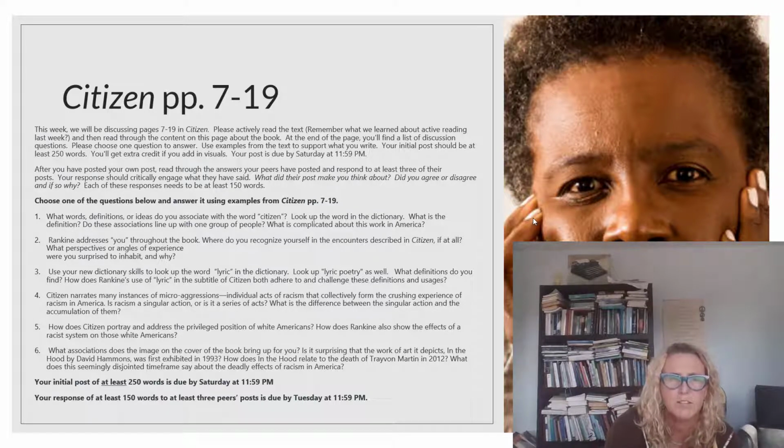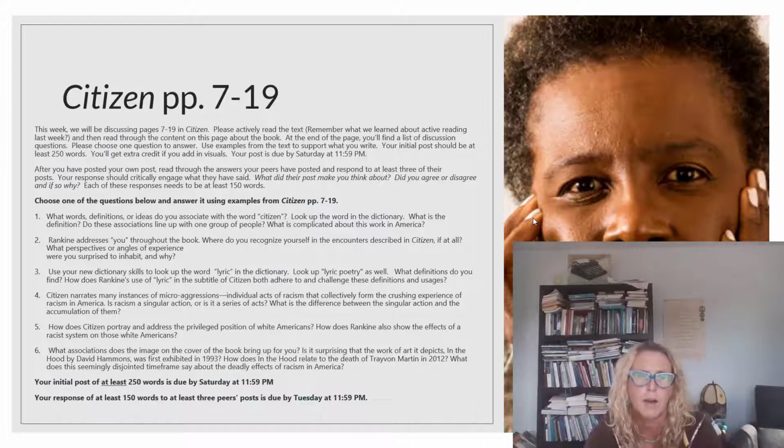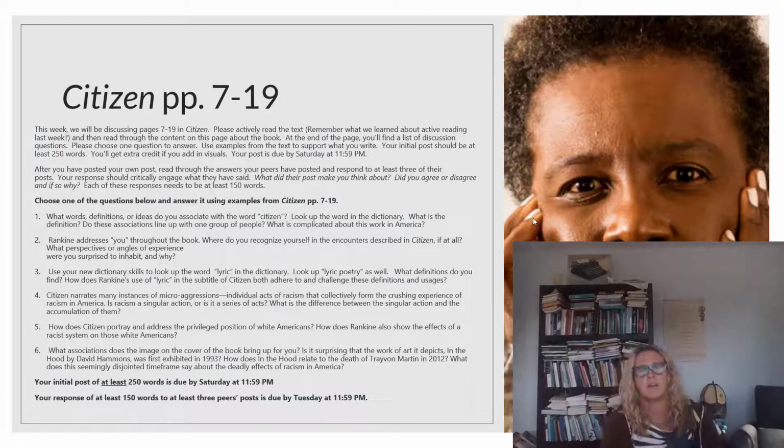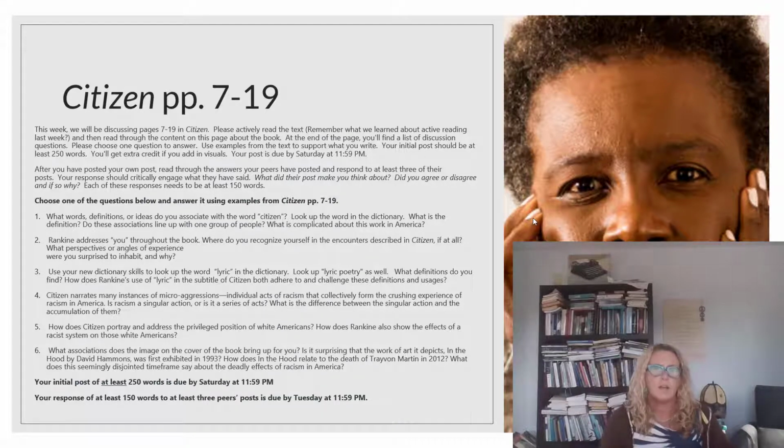What perspectives or angles of experience were you surprised to inhabit, and why? Number 3: Use your new dictionary skills to look up the word lyric in the dictionary. Look up lyric poetry as well. What definitions do you find? How does Rankine's use of lyric in the subtitle of Citizen, remember it's called Citizen: An American Lyric, both adhere to and challenge these definitions and usages?